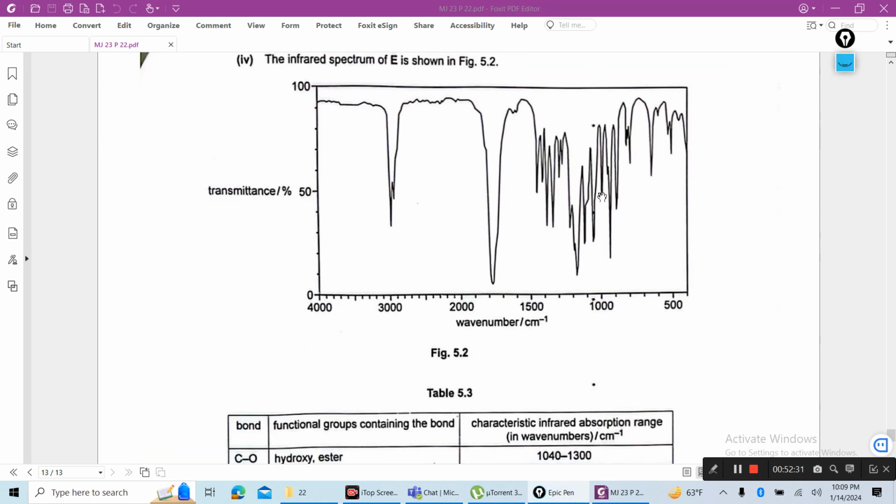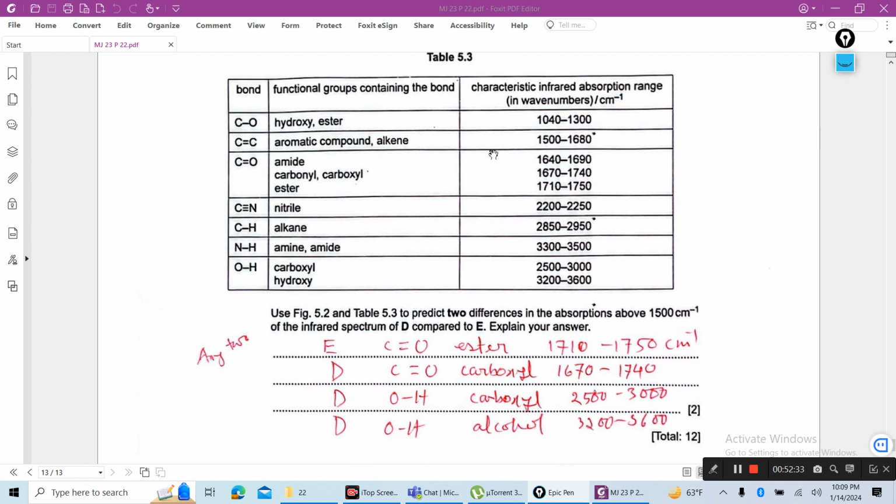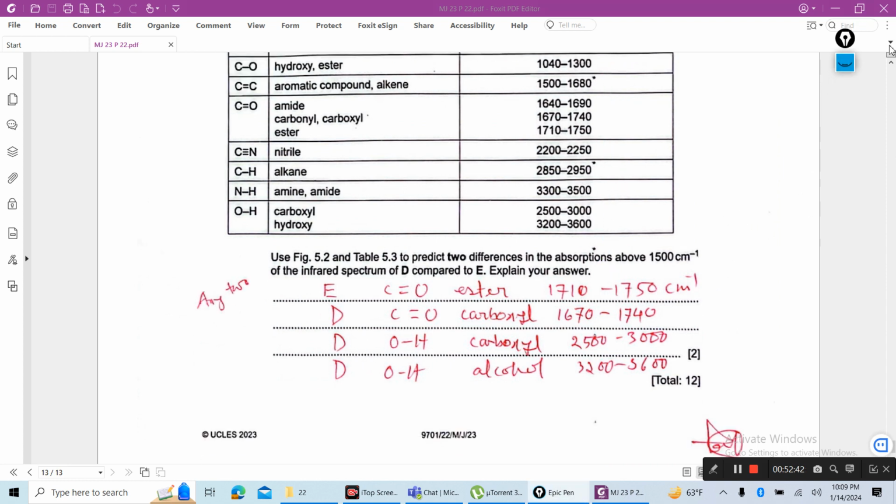So you see now, their wavenumber values are given. Now the question is asking you, using figures 5.2 and 5.3, predict two differences in the absorption above 1500 per centimeter of the infrared of D compared to E. D and E will be compared.